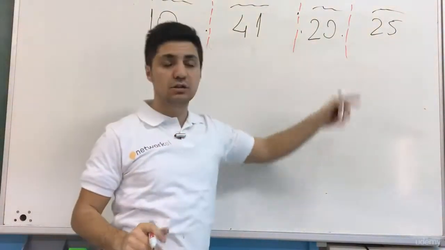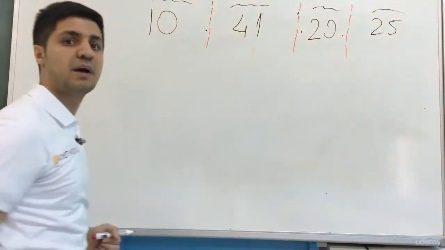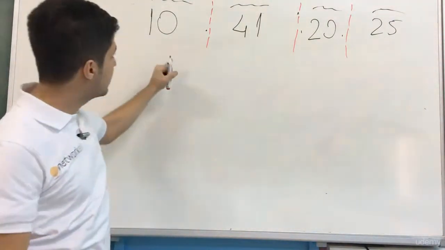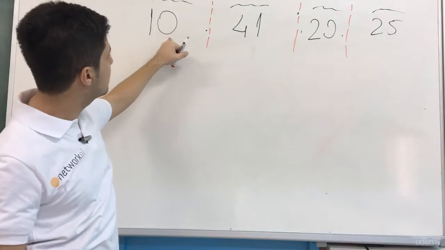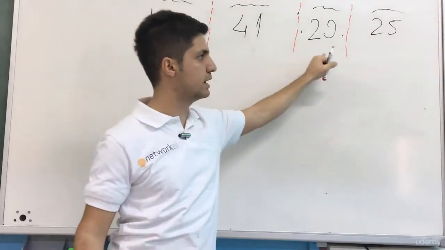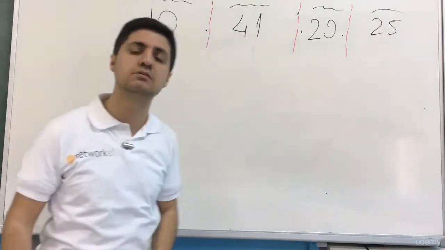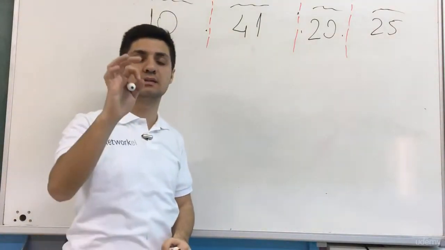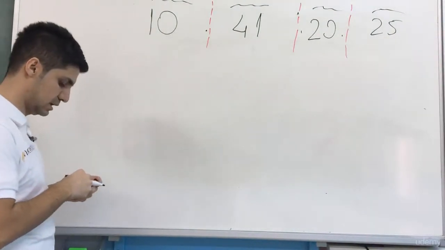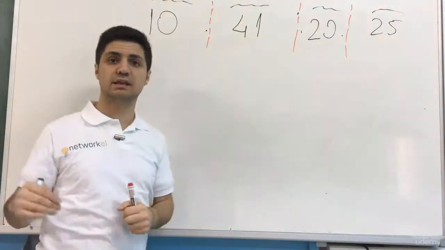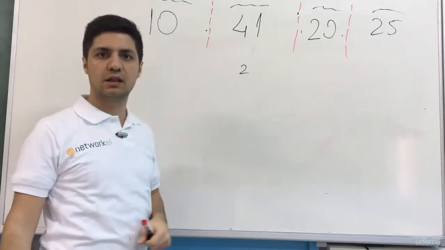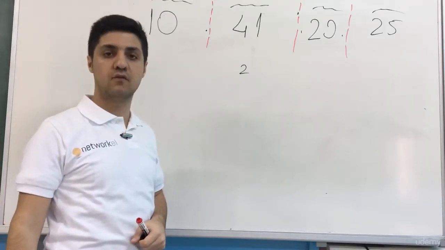Let's calculate the binary format of these numbers right now. What I'm going to do is calculate the binary format of 10, 41, 20, and 25 by using 1s and 0s. For simplicity, I'm going to write the powers of 2, which I'm using to calculate the binary format.